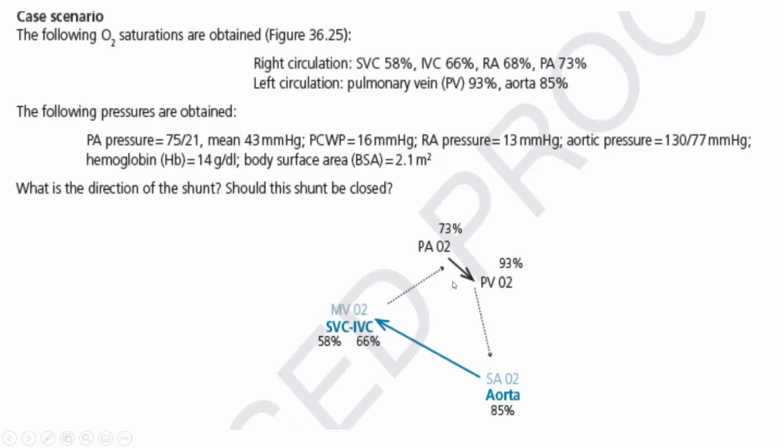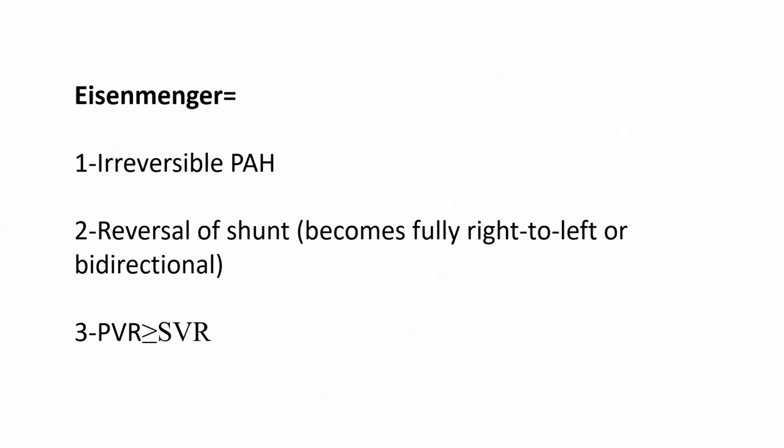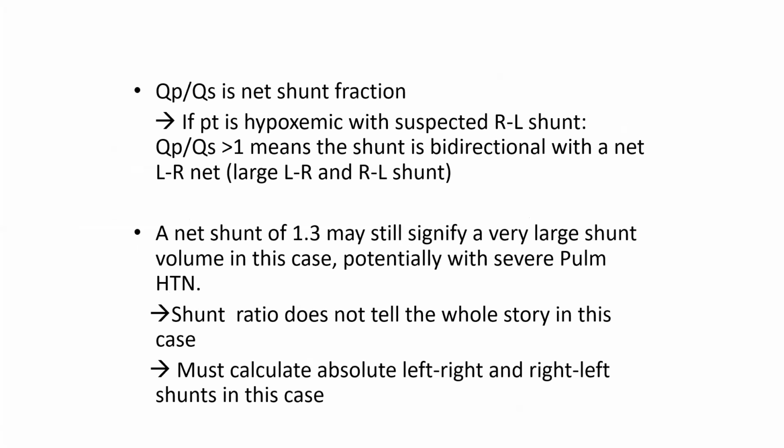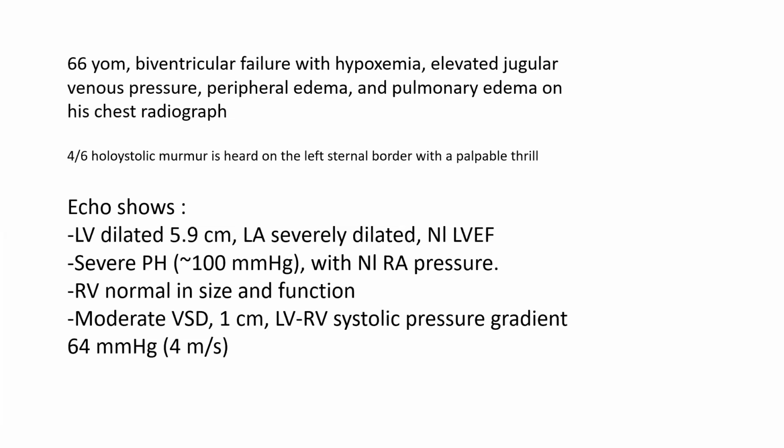But that shows you that your calculation of QP, QS, Q effective, the size of the shunt and the reversibility are not related to where the shunt is. They are related to your initial and end numbers. You don't need the intermediate numbers to calculate QP/QS. The intermediate numbers only help you tell where the shunt is.